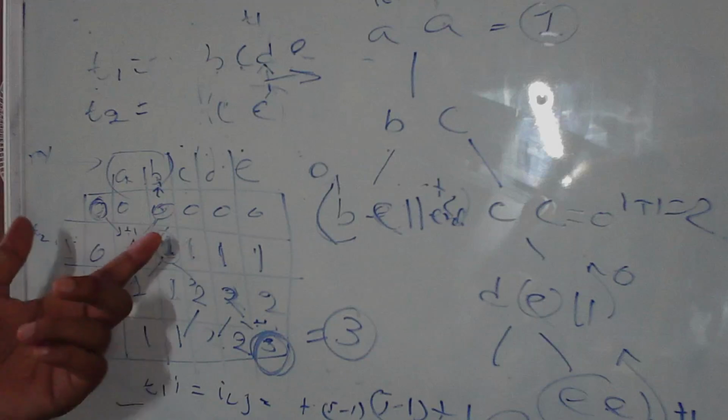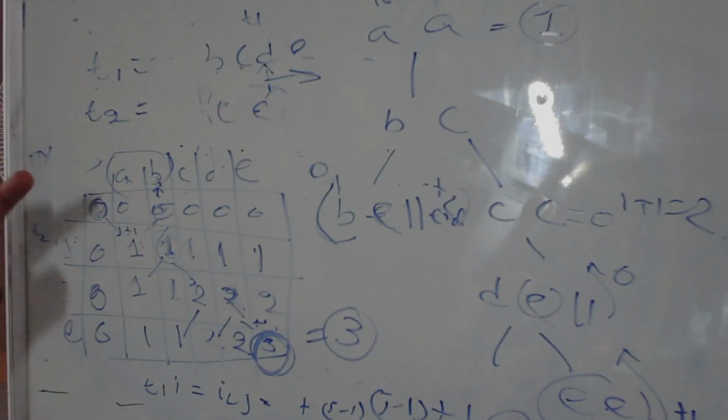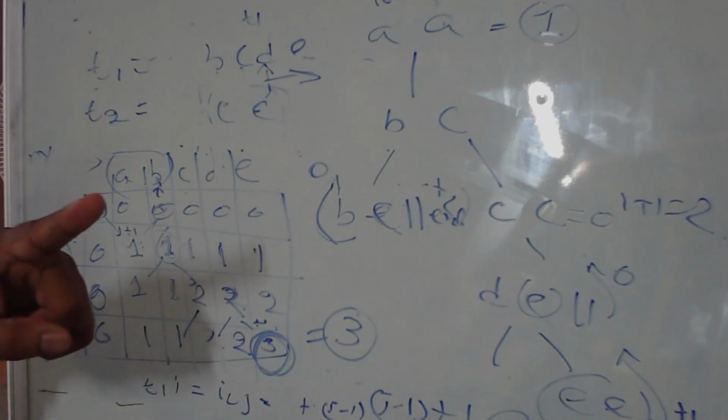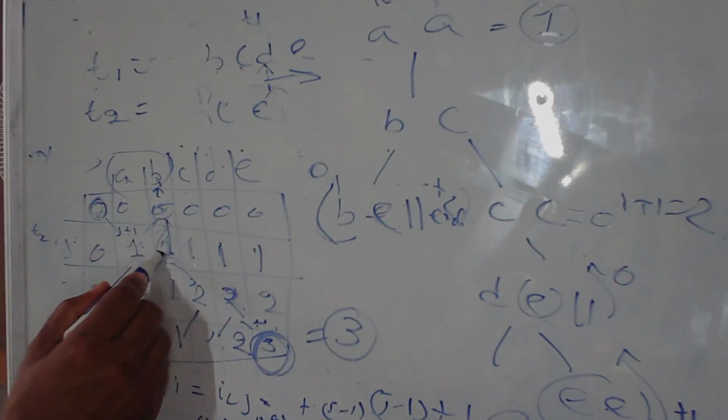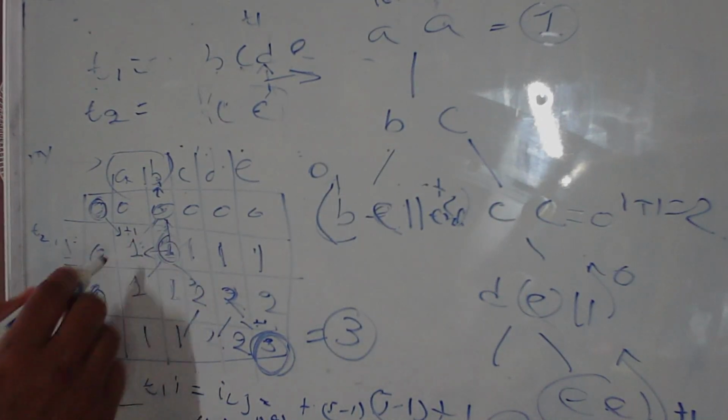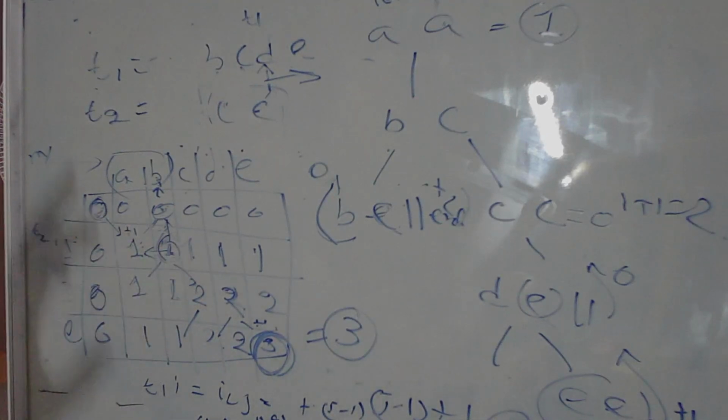But if that is not matching, we have to find the maximum of the two values that we get by moving the pointer across T1 and moving the pointer across T2. So the [i][j] position equals the max of [i-1][j] and [i][j-1], the top position and the left position, to get this particular value for the current position.